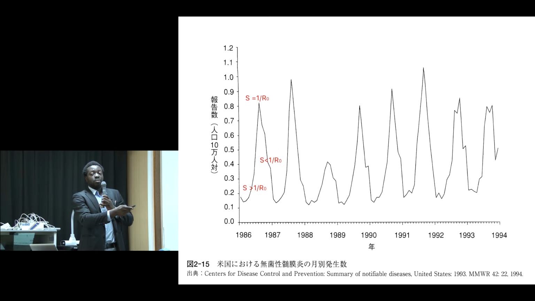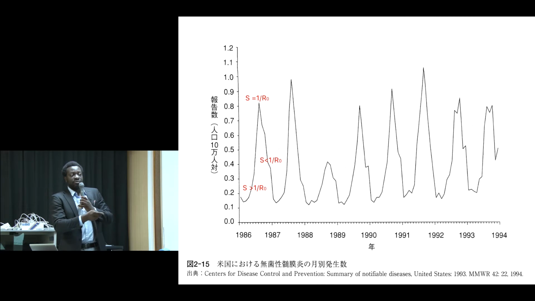And it reaches the point where the proportion of susceptible becomes equal to 1 over R0. The infection cannot increase anymore. And then when it becomes less than 1 over R0, the infection goes down. We don't have many susceptible, and infection drops.